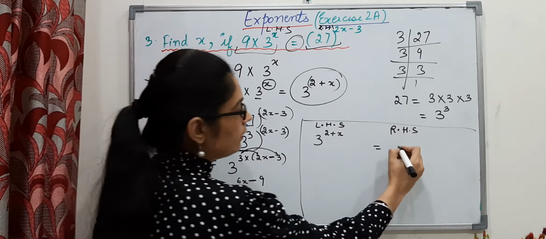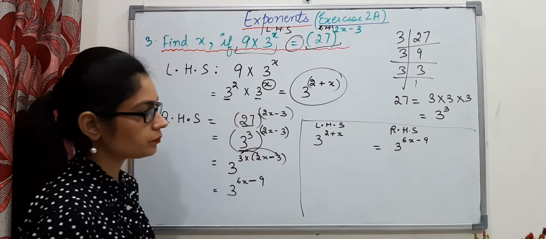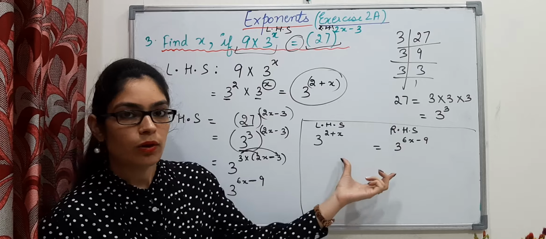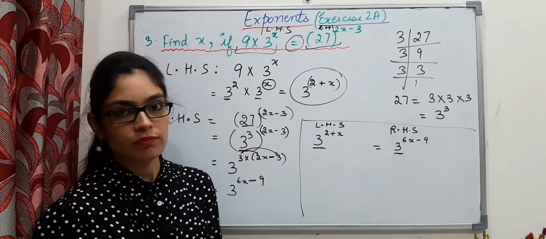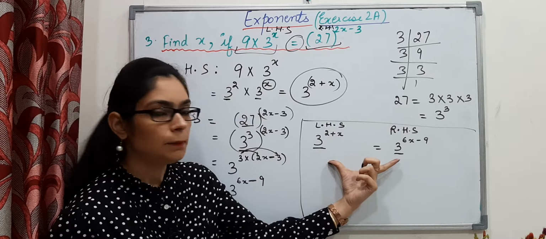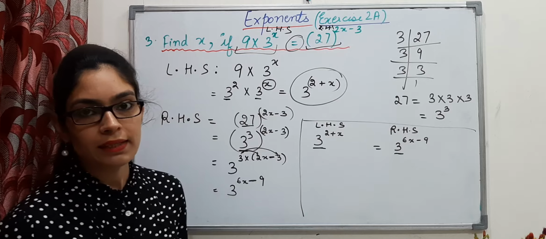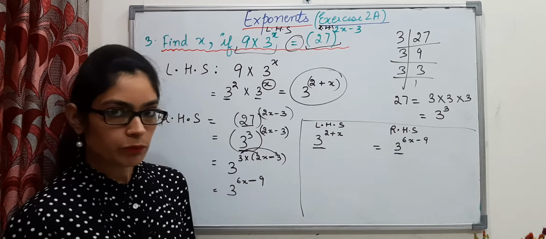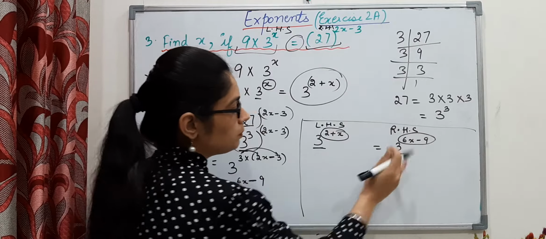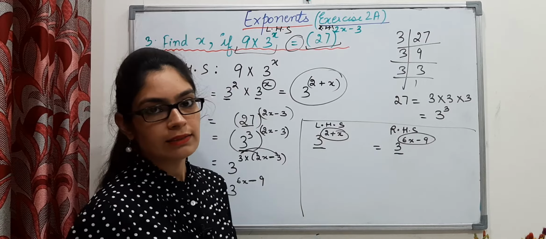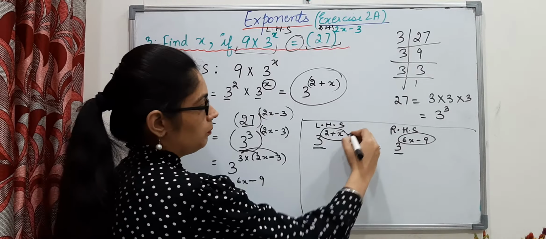So it is 3 to the power 6x minus 9, and these two are already equal, and you can see here bases are equal. I told you if this sign of equality is there and the bases are equal, then that means powers will also be equal. So since we have to find the value of x, we'll just compare the powers now, because bases are already written as equal, and we can see also 3 is equal to 3, we know that. So now powers we can compare.